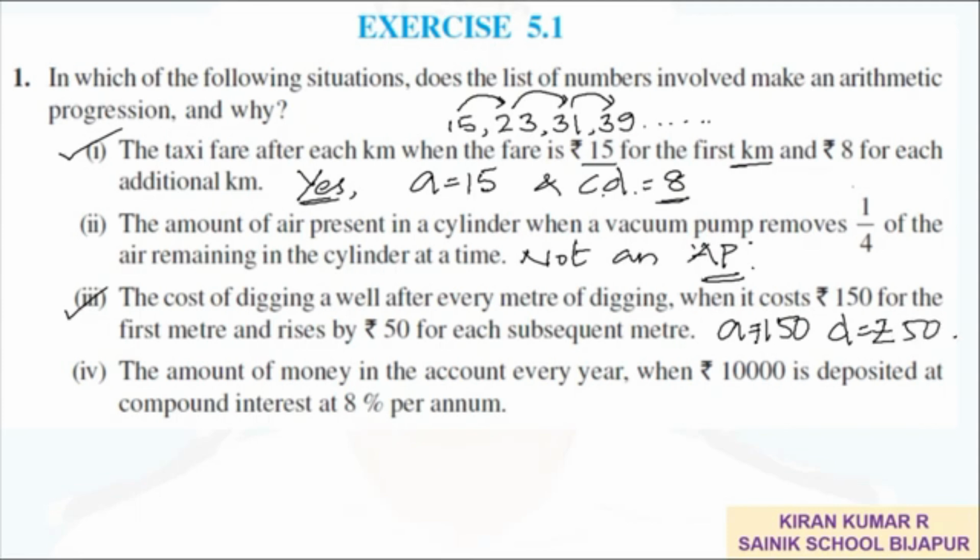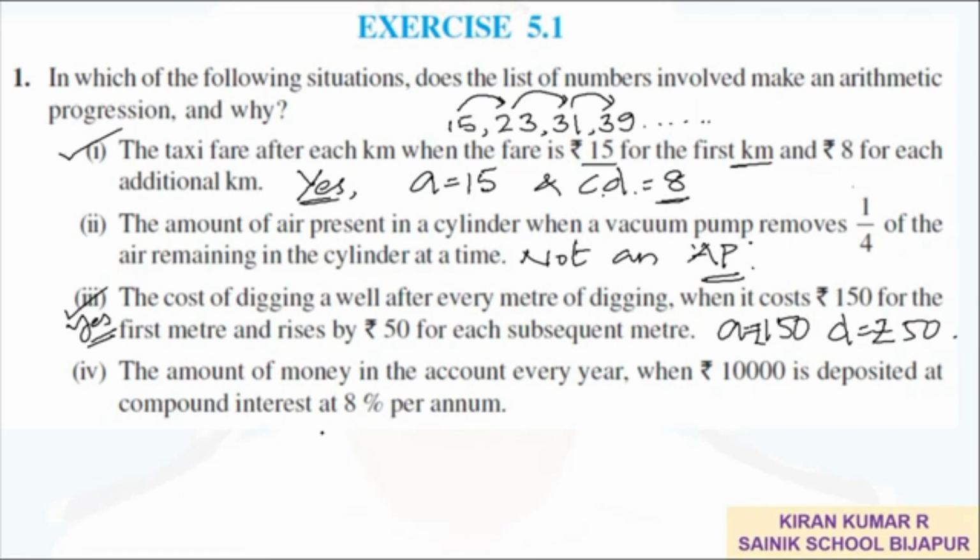For the second meter it is 200. For the third meter it is 150 plus 2 times 50, which is 250. So each time there is an addition of rupees 50. So it forms an AP. Let me mention it here: yes, for the third one.